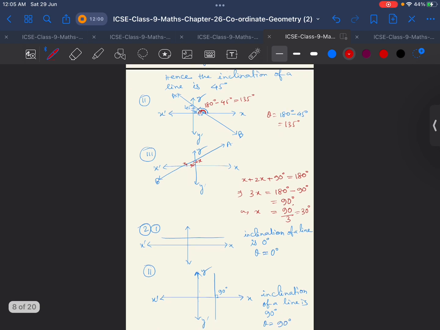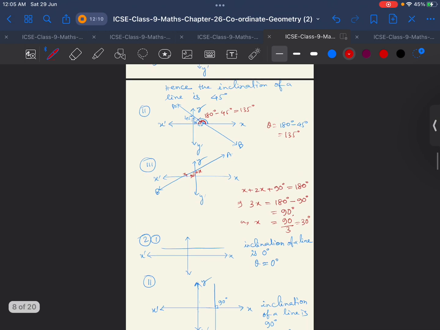Then the second question. Here you see this side and this side are equal.